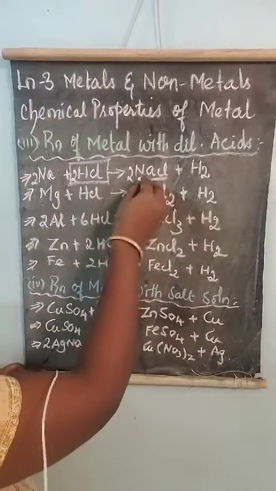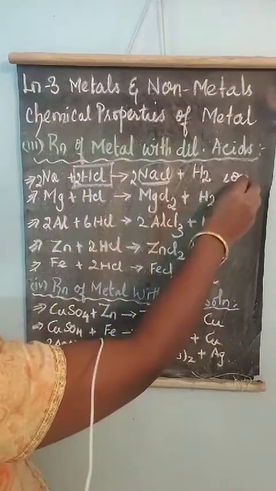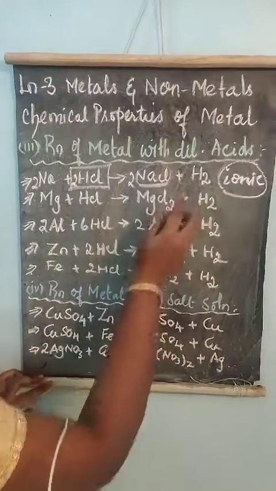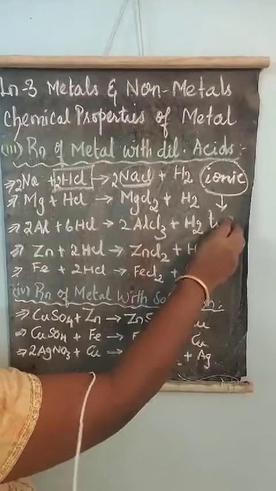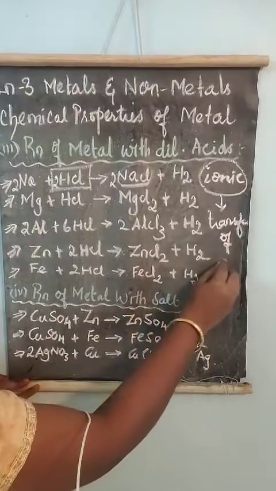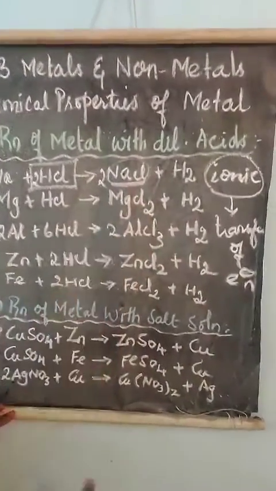This type of bond is known as ionic bond, and this ionic bond is formed by the transfer of electrons.